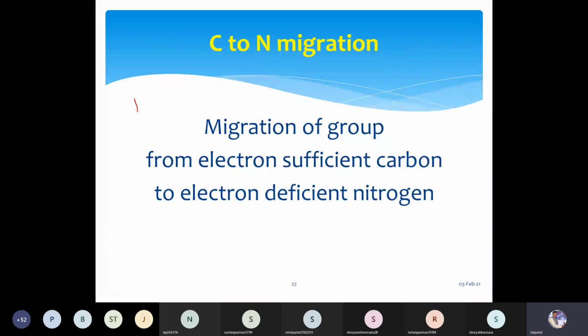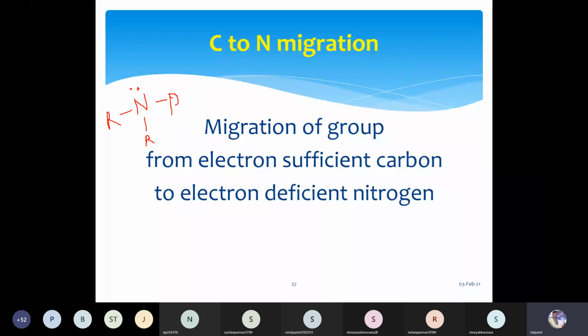Here I am going to explain the difference between this and the intermediate which I am going to discuss. As he said, here if we have R, another R group, and here also R, it means nitrogen has already fulfilled its valency.